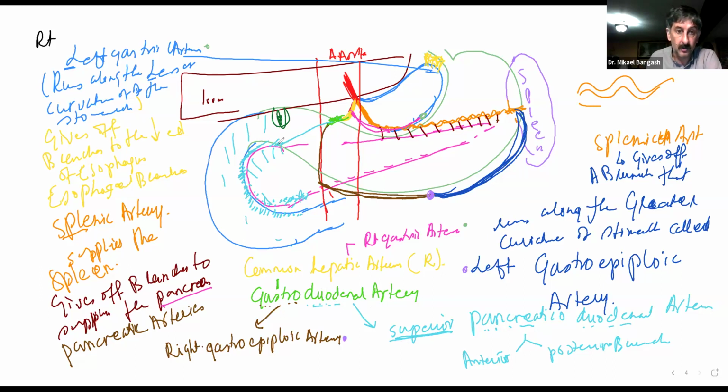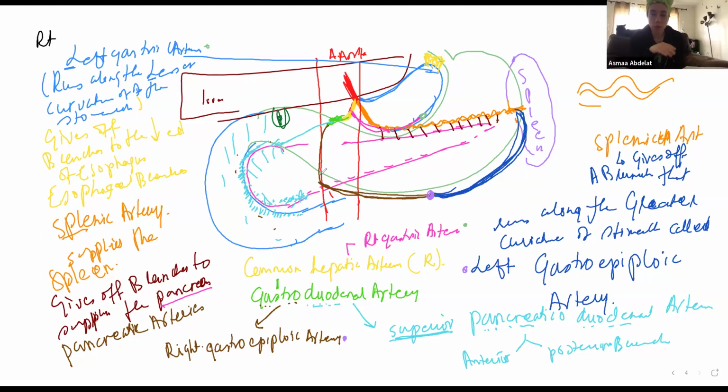That means it's going to supply blood to the duodenum, or that first 2/3 of the duodenum, which is part of your foregut, and the adjacent parts of the pancreas. Did you get that, dear?